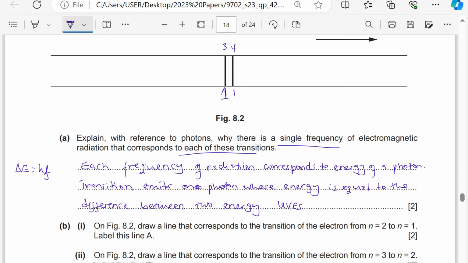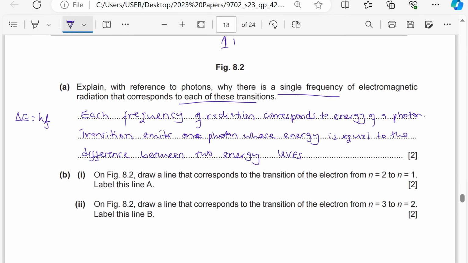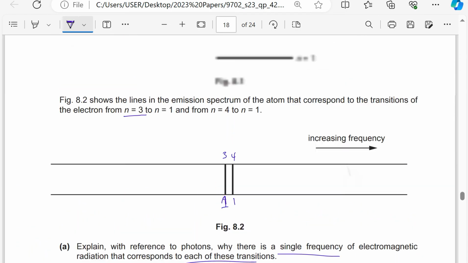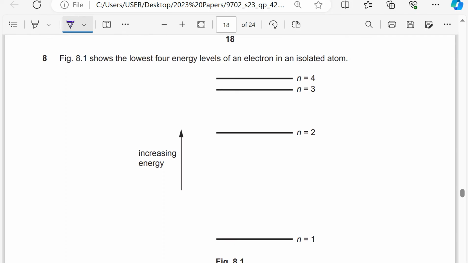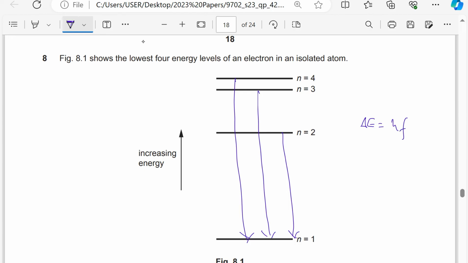Okay. On the figure, draw a line that corresponds to the transition of the electron from n equals 2 to n equals 1. Let's compare this and this. So notice that the difference in energy transition is directly proportional to the frequency.